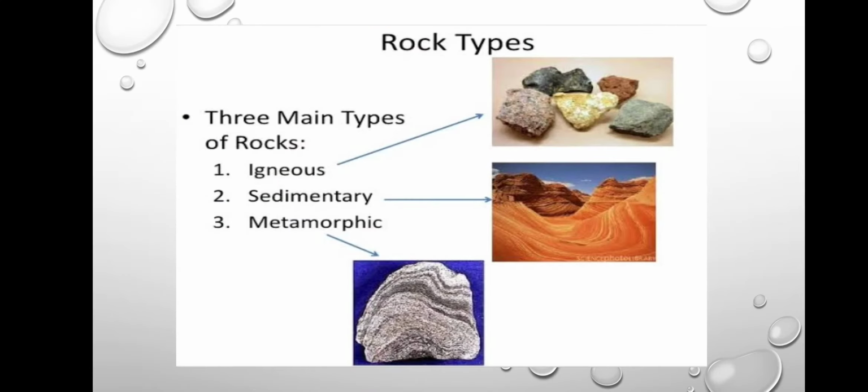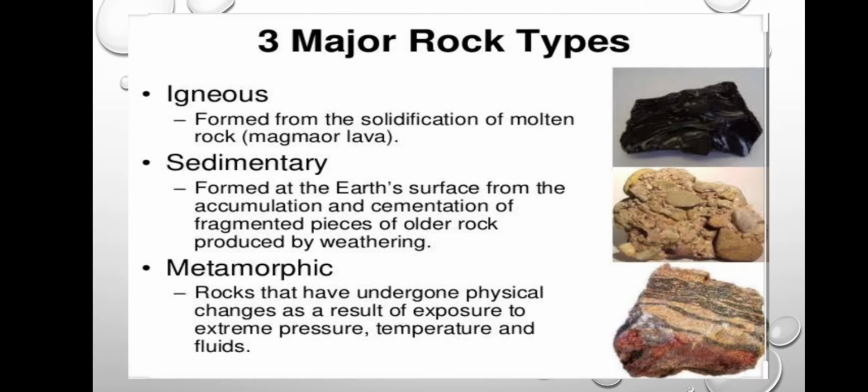You can see one chart I have given with some images, showing the three major types of rocks: igneous rock, sedimentary rock and metamorphic rock. Among them, igneous rock I have already discussed. Now I will discuss sedimentary and metamorphic rock gradually. Here in short you can see some definitions, the major types of rock, as well as pictures of the different types of rocks.